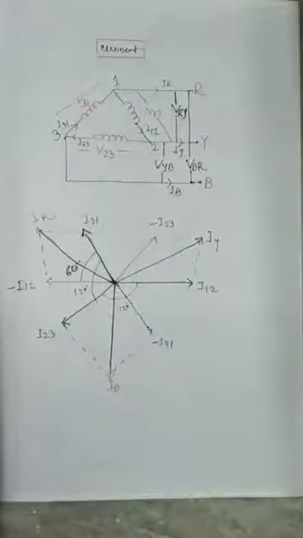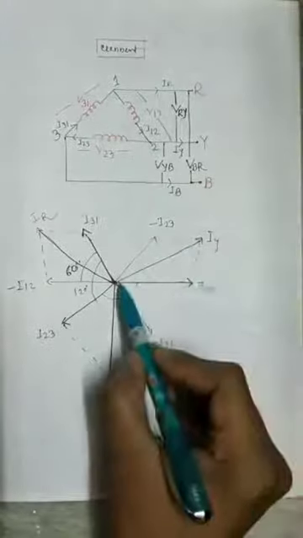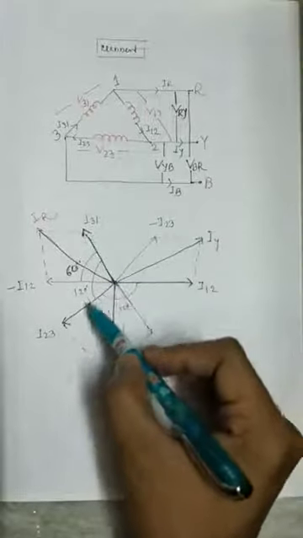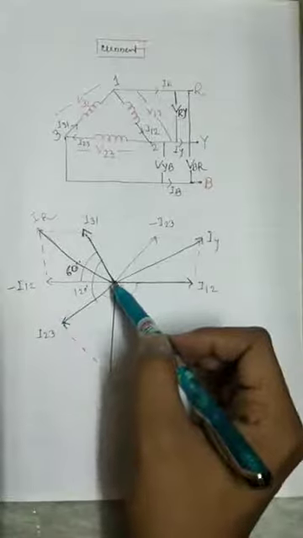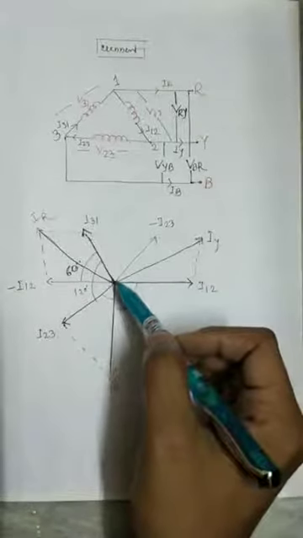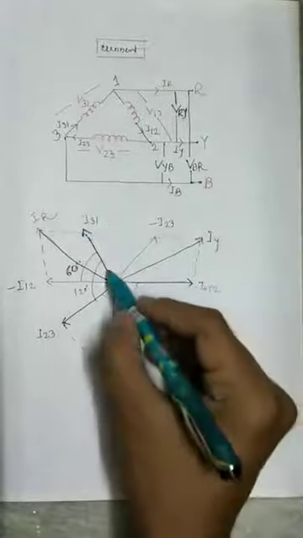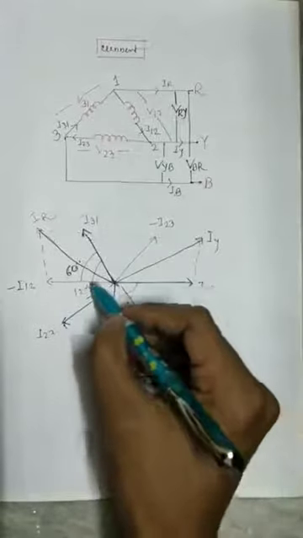In a balanced system, the three phase currents I12, I23 and I31 are equal in magnitude but are displaced from one another by 120 degrees.